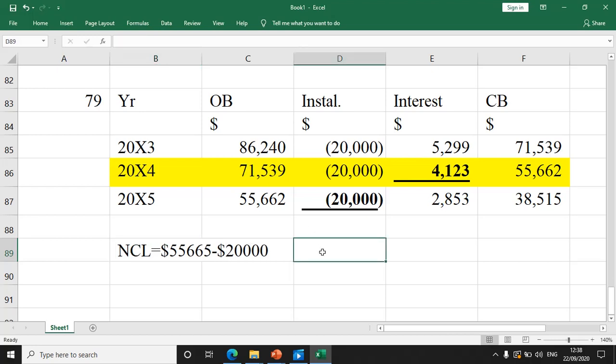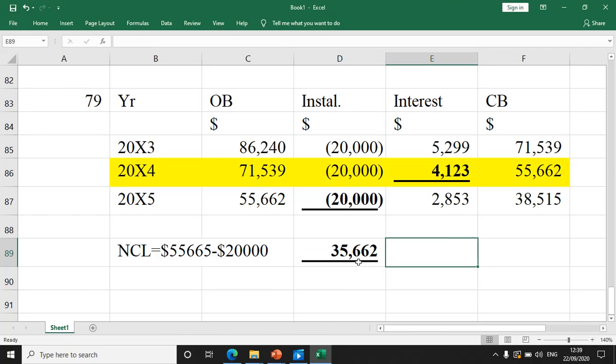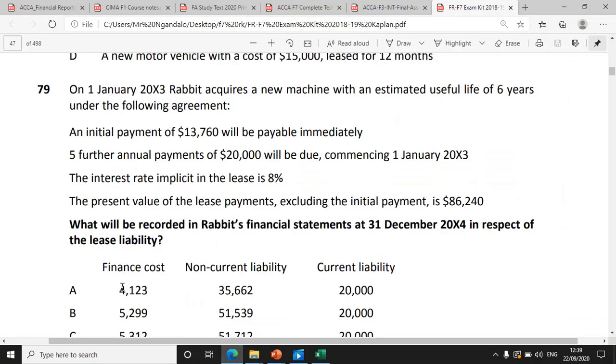Okay, so we'll be getting, of course, 55,662 minus 20,000. I'm getting that figure there. Okay, I might underline that and just counter check. I think we have got A for our answer. All these amounts being emphasized.